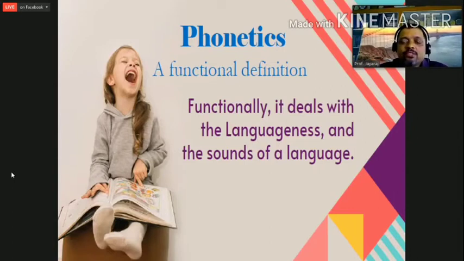And when we talk about the sounds of a language, we are talking about segmentals. So we have suprasegmentals like pitch, stress, duration, and voice quality. And on the other hand, we have the segmental issues with regard to the English language.